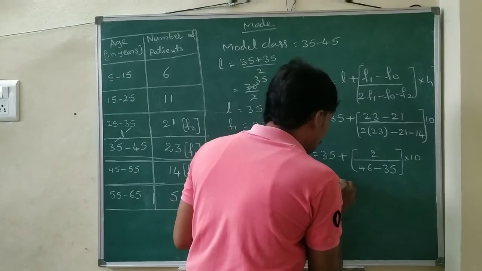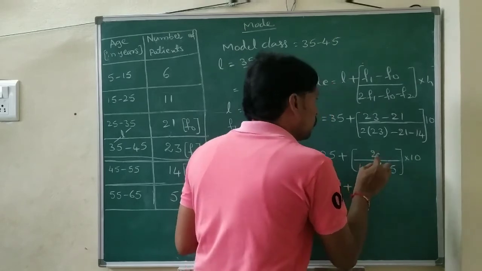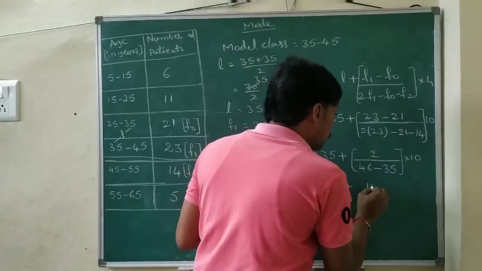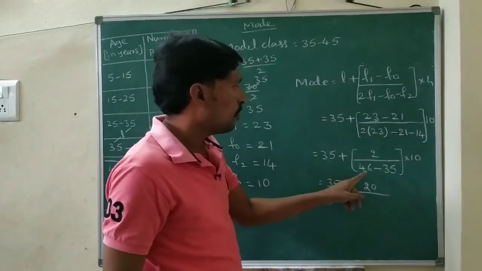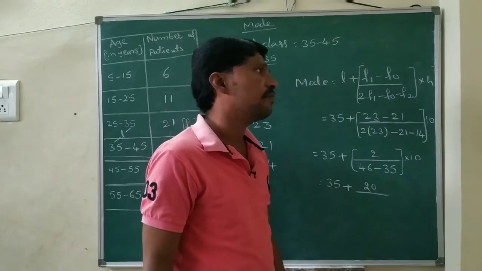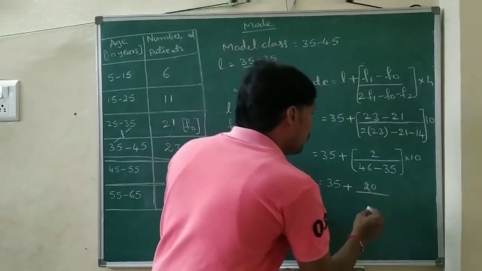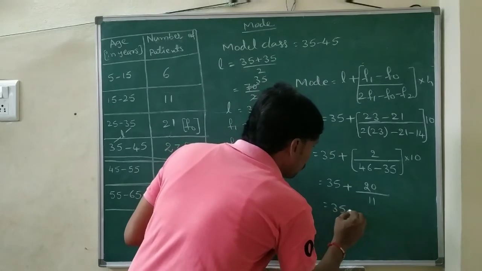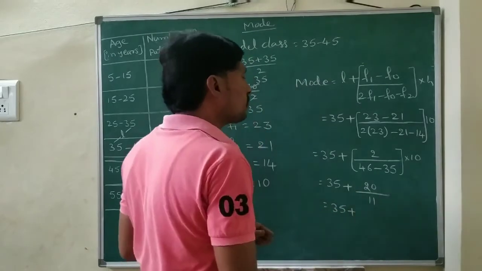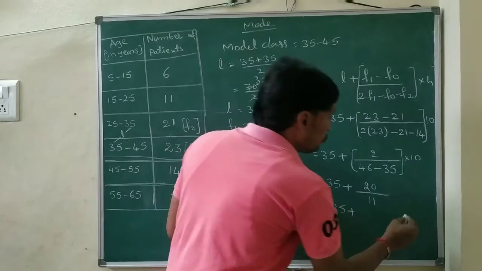That equals 35 plus 2 into 10, that is 20, by 46 minus 35, which is 11. Now we are getting 35 plus 20 by 11. We need to divide.